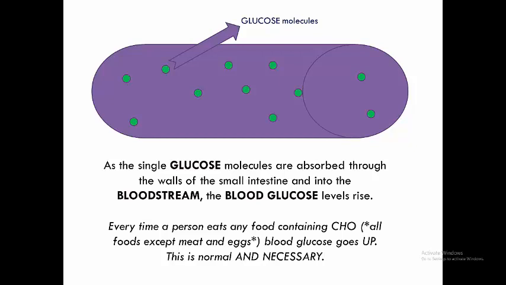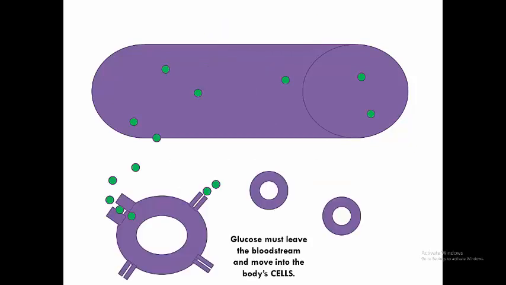That's how the body works. Well, when the level rises, the body gets the message, hey, there's a lot of fuel in the fuel tank. Let's move it into those cells, get it out of the blood, and move it into those cells where it can be used. So the idea is that the glucose will leave the bloodstream and move into the cells. Hence, the blood glucose level goes down.